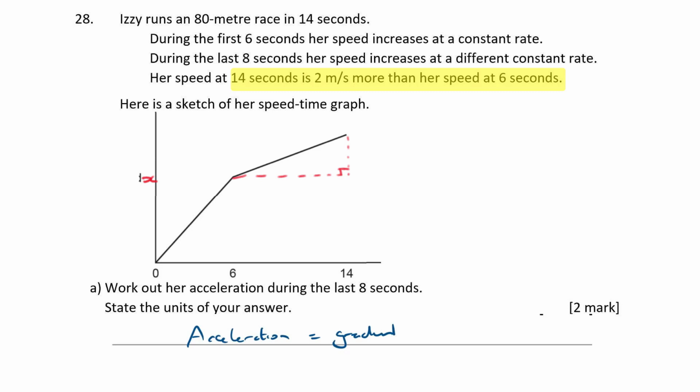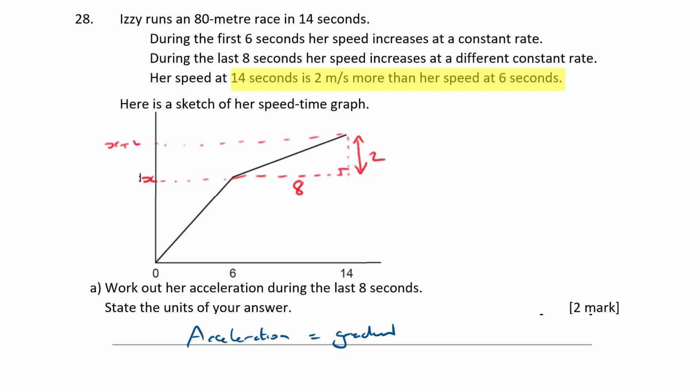So if this value was x, then this value is x plus 2, which means that distance between there and there must be 2. Okay, so I don't know what x is, but I know that that one up there is 2 more. So I do know the change in y. The change in x is just 14 minus 6. That's 8, isn't it?